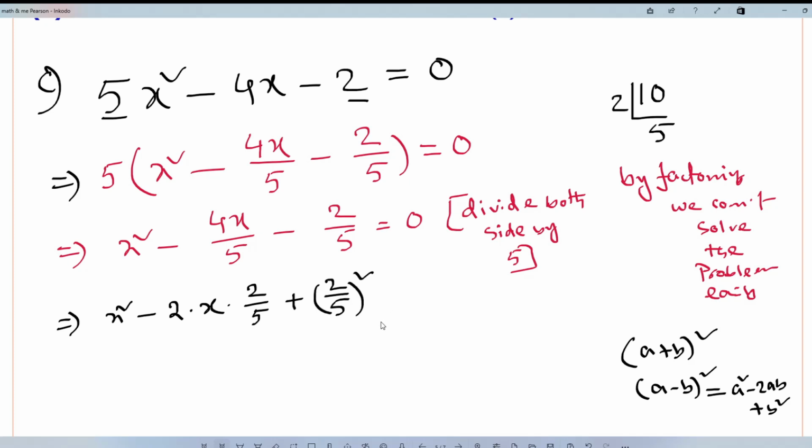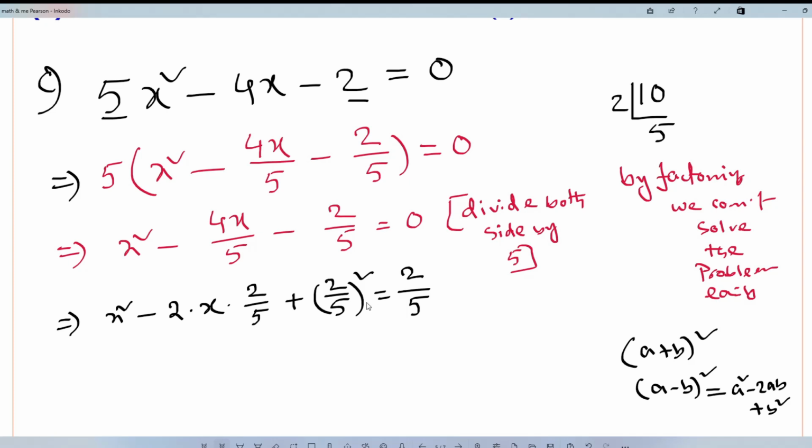Okay, now look, here is 2 by 5. We can exchange this side, so it will become 2 by 5 with a plus sign, and here 2 by 5 whole square is what?